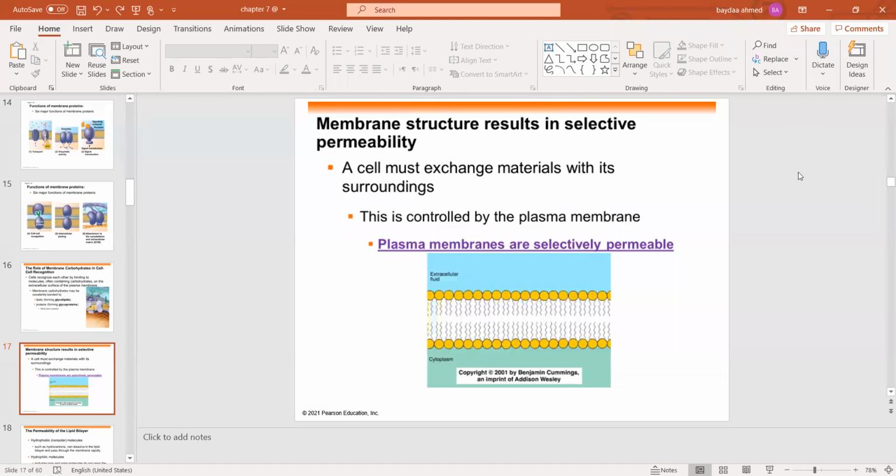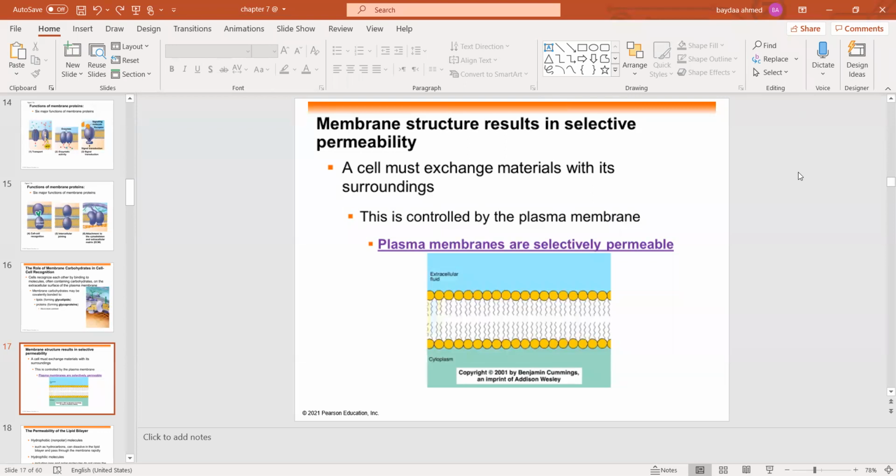A steady traffic of small molecules and ions moves across the plasma membrane in both directions. For example, consider the chemical exchanges between a muscle cell and the extracellular fluid that passes it. Sugars, amino acids, and other nutrients enter the cell, and metabolic waste products leave it.